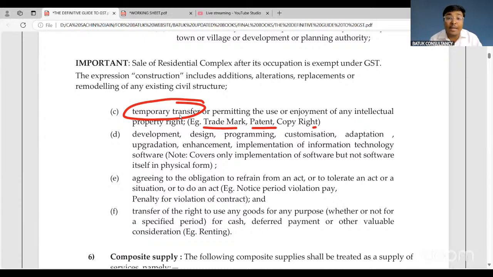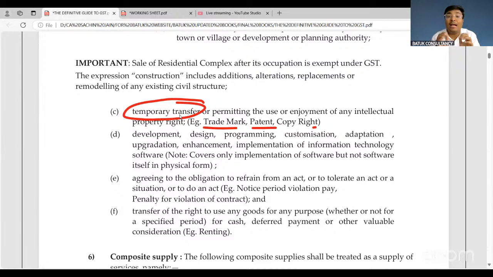But what do you mean by IPR? Intellectual property rights. For your information, trademark, patent, and copyright are part of IPR only. If the IPR is transferred for a limited amount of time, that is temporary transfer, that will be called supply of services.